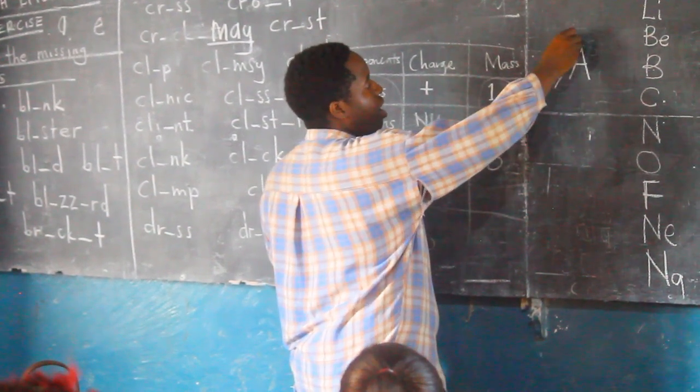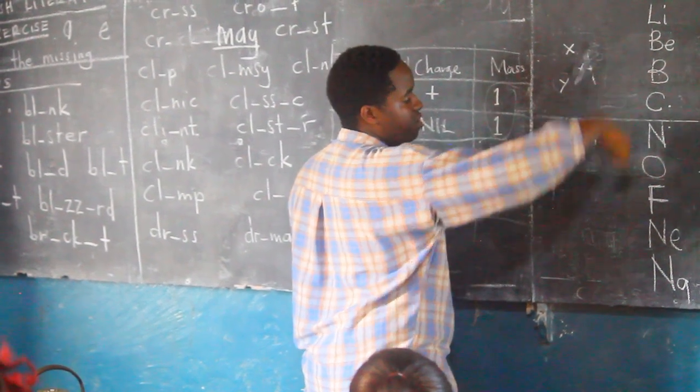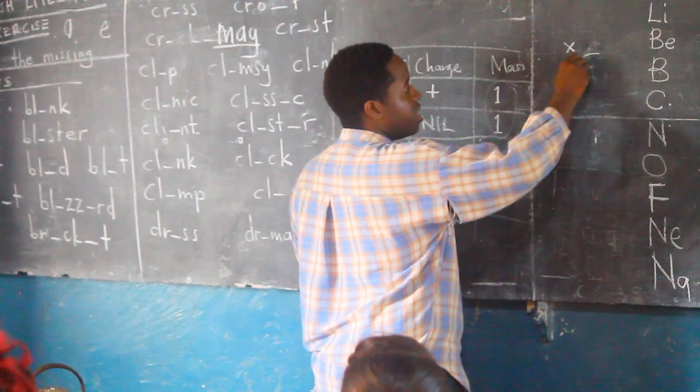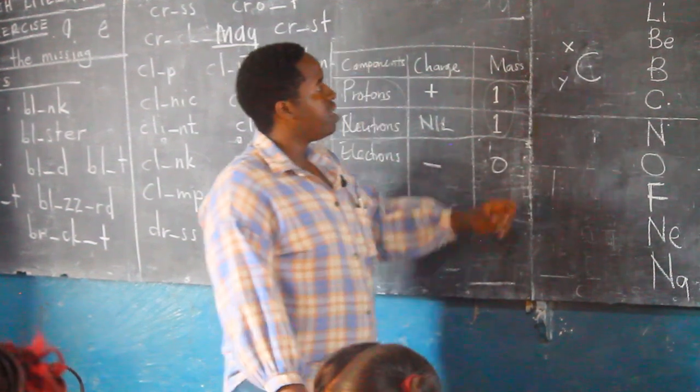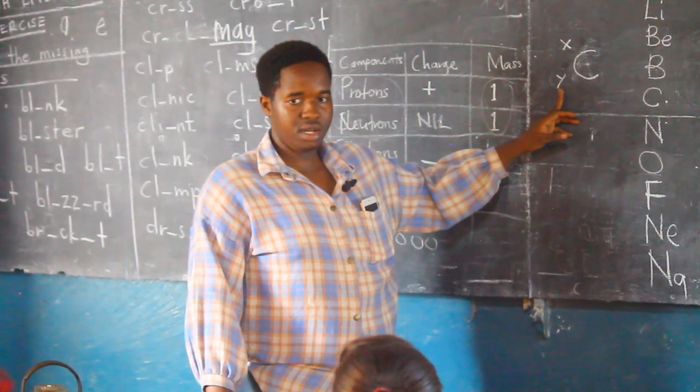Let's use an element we know. We use which one? Carbon. They will indicate carbon, and then you put a figure somewhere up, a figure down here.